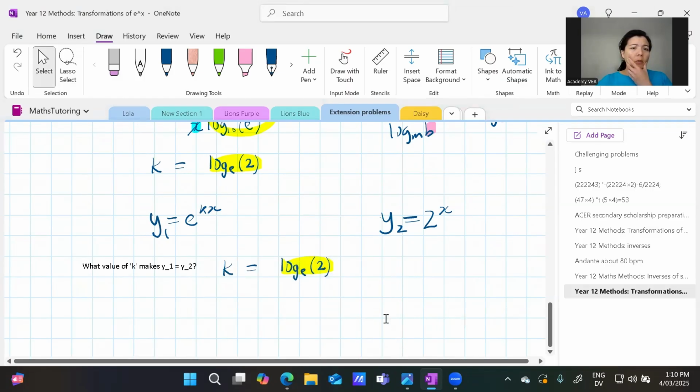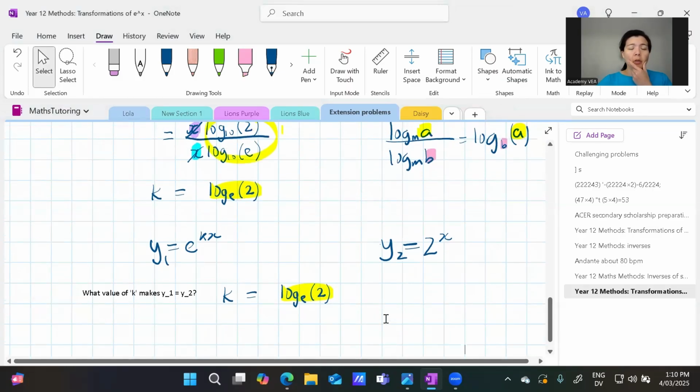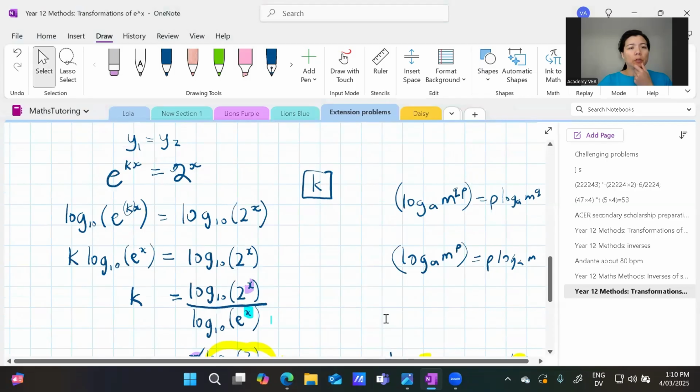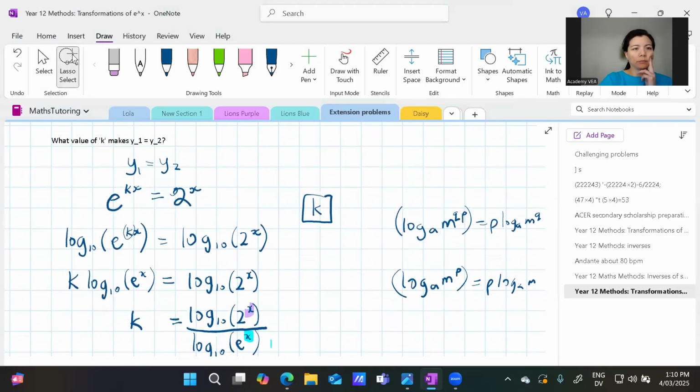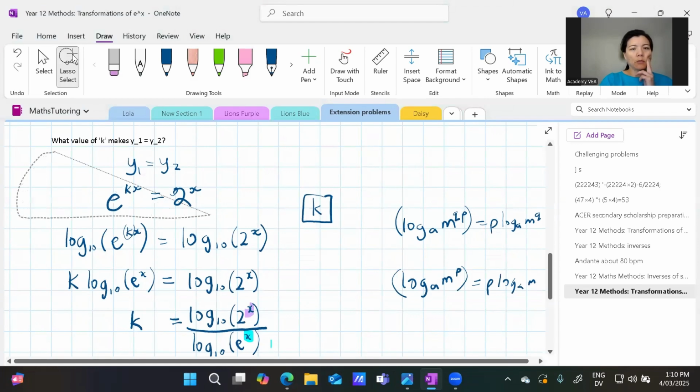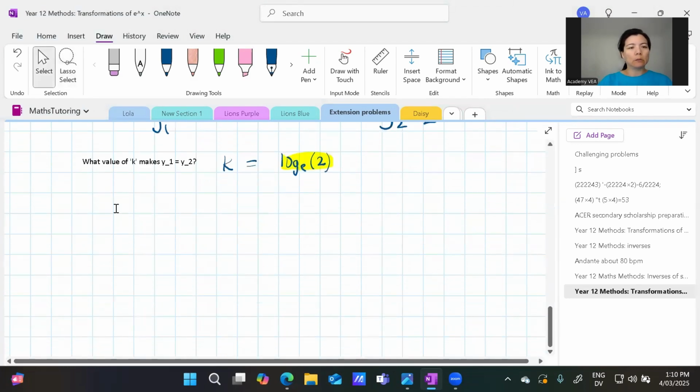Now, those of you who are a bit more experienced and maybe have a bit more hindsight, you can actually take log of both sides and be strategic much earlier. From here, what you could have done is taken logs of both sides with either base e or base 2.